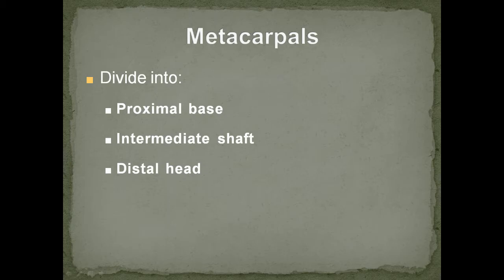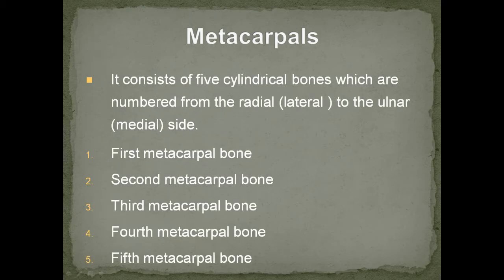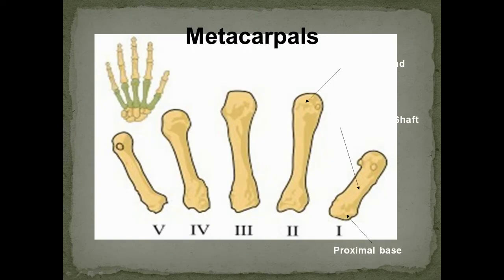Metacarpal bones are divided into a proximal base, a distal head, and an intermediate shaft. There are five cylindrical bones, numbered from the radial to the ulnar side: first, second, third, fourth, and fifth metacarpal bone.